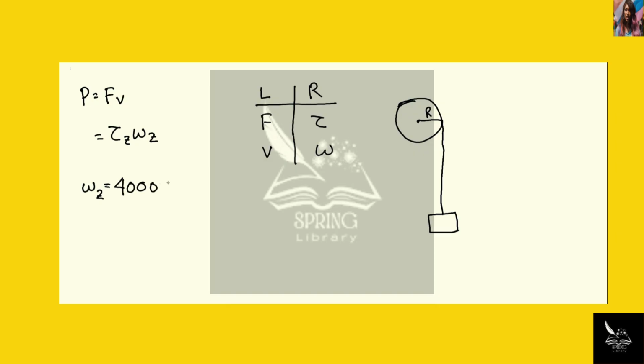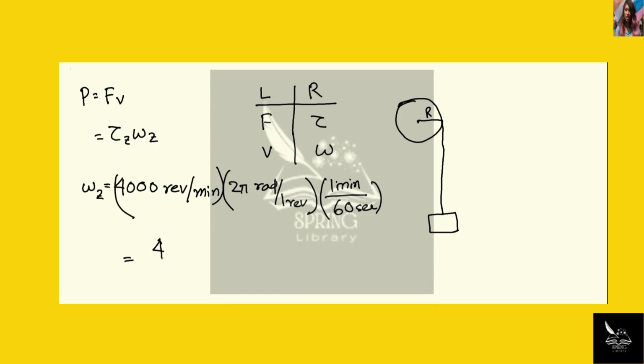So we have 2 pi radians per 1 rev, and 1 minute has 60 seconds. Finally we get 418.9 radians per second. So that's our omega z.